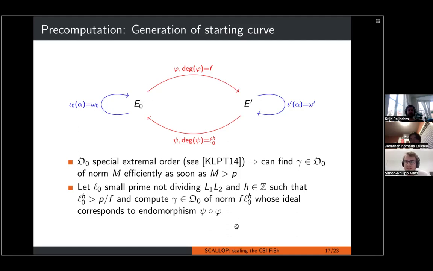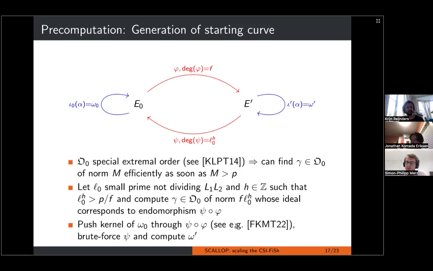Now, how does that help us? Well, for endomorphisms of non-smooth degree, we actually know how to evaluate them or how to push kernels through them. There are two references actually. There's this one, which is some joint work with Boris, Peter, and Jan Bootle. And then I think Antonin had a similar paper, the one at AsiaCrypt last year or two years ago, which independently also came up with this algorithm.